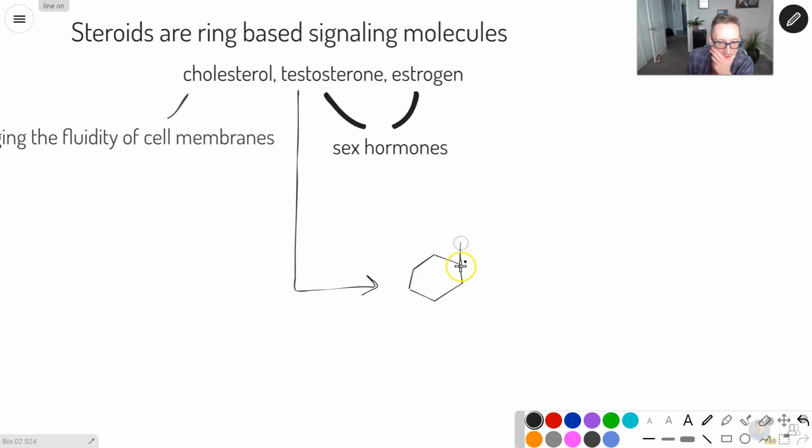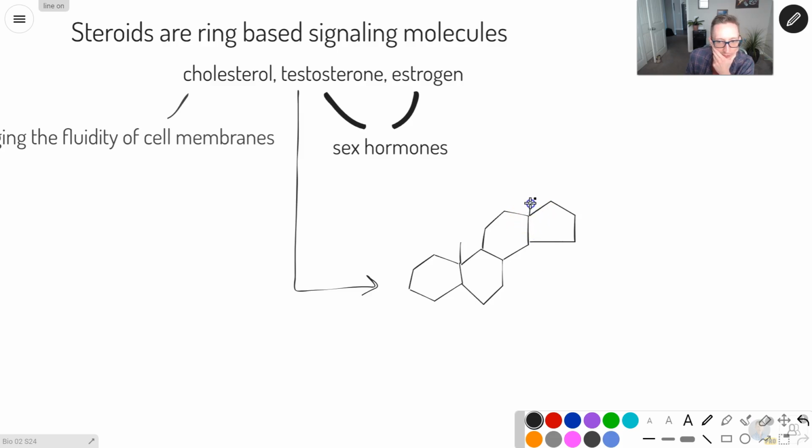We got another little carbon coming up there. We got another little 6-carbon ring coming off like this. This should kind of come down like that, like so. And then we got a little 5-carbon, just like a little house looking guy.